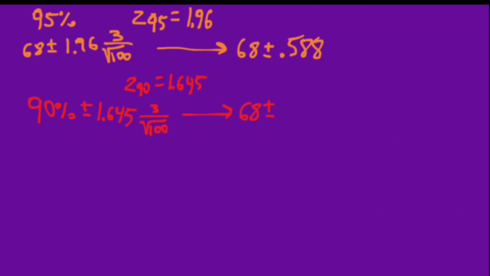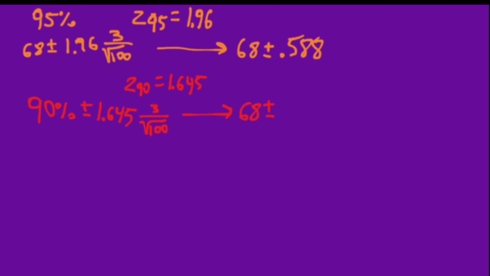If we're building a 90% confidence interval, what we're really saying is that we're a little less certain, right? You can think of the confidence level as how confident you are, and if you're 95% confident, you're more certain than at 90%. The higher the percentage, the more confident you are.